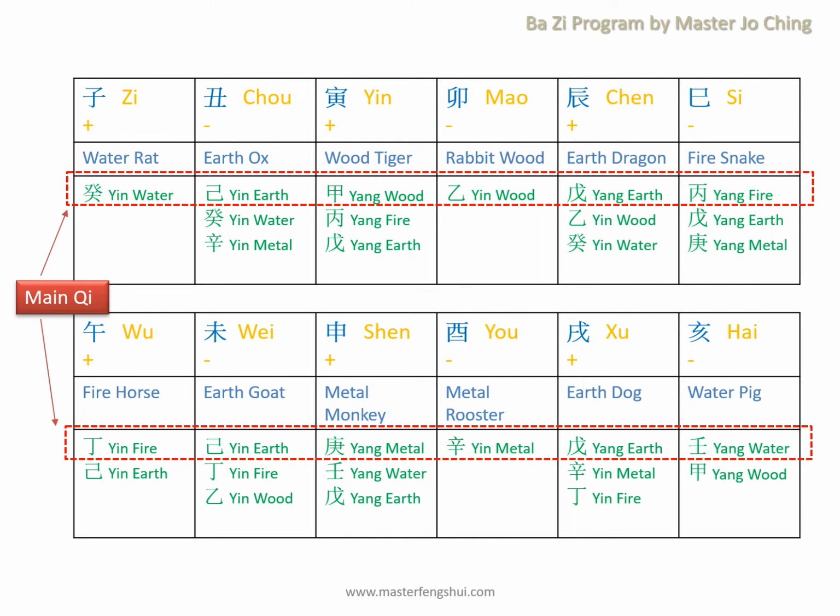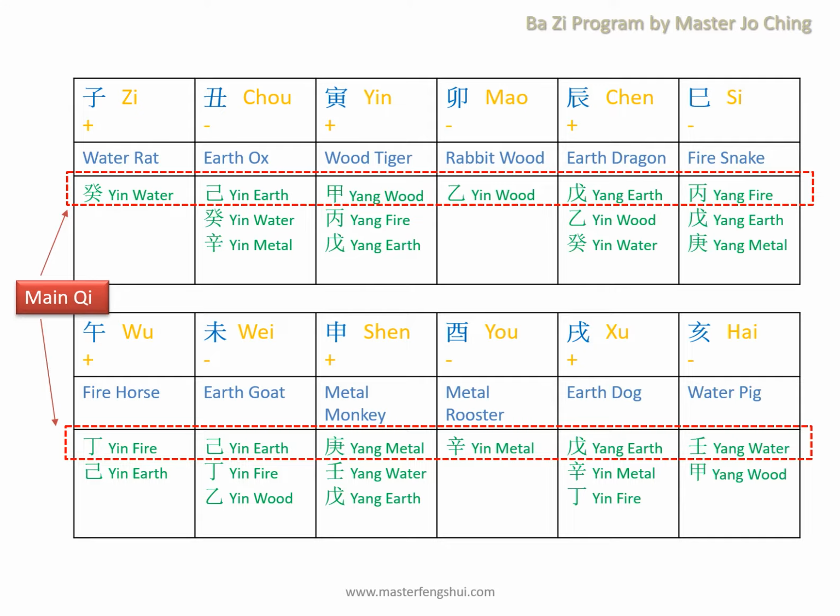Some people will say that if you have 3 hidden stems, like inside the earth ox here, the first one you assign about 50% weightage, then the rest is 25%, 25%. But this is just a so-called example. Do we really have a statistic for it in terms of strength? I don't really think so. But that's what is commonly said.